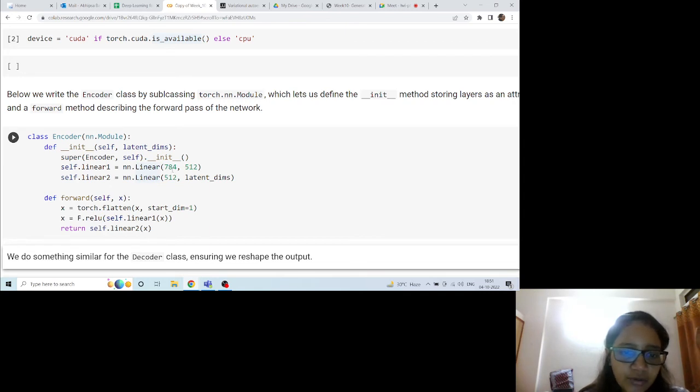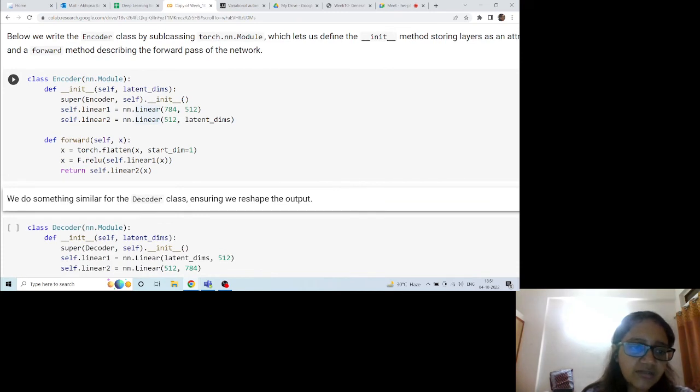To this 784, you have attached a 512 hidden layer through this nn.Linear, and again you have another hidden layer which has the dimension latent dims. So this is going to create your final hidden vector z.